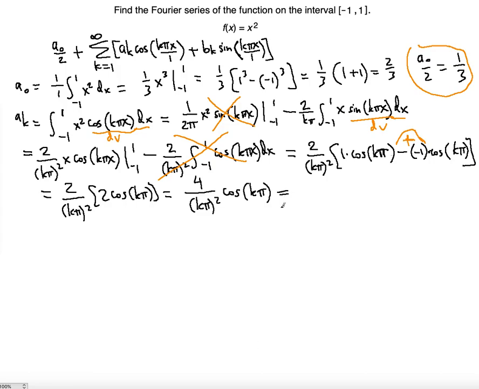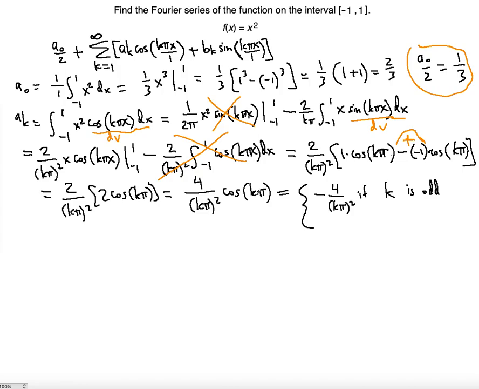So now this has two possibilities. It can equal -4 over k pi squared if k is odd. And how do I know that? Because if k was equal to 1, that's an odd integer, right? So cosine of pi as a result, because 1 times pi is pi.